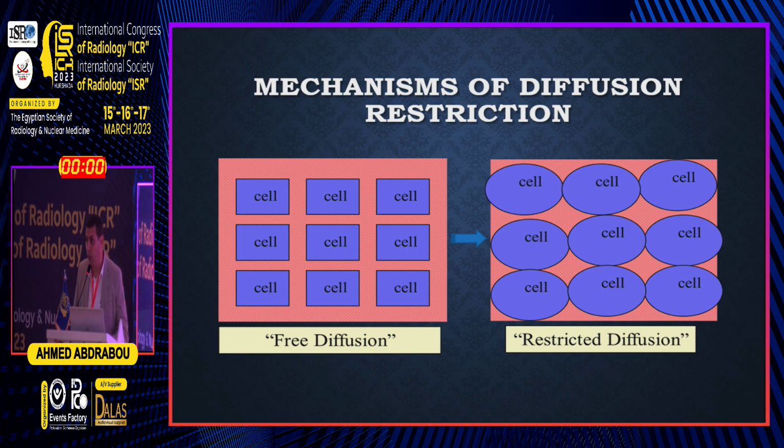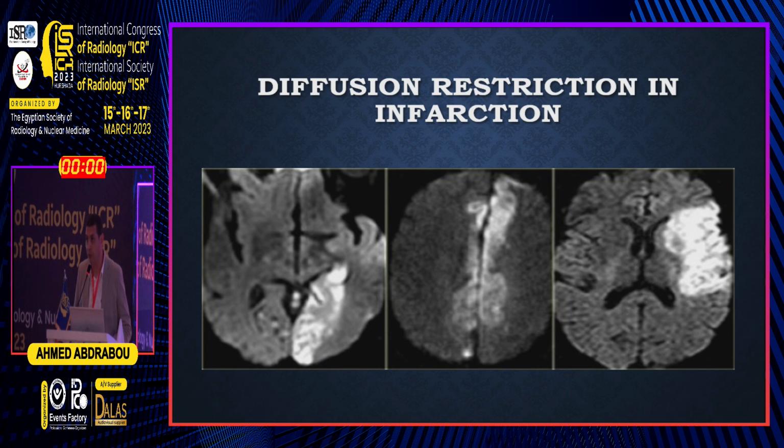And this is typically what happens during infarction. In infarction, the cells lack glucose from the cut blood supply, and the sodium-potassium pump will dysfunction. So sodium gets inside the cell again along with the water molecules, so the cell balloons, and when the cell balloons, it restricts the extracellular medium and causes diffusion restriction.